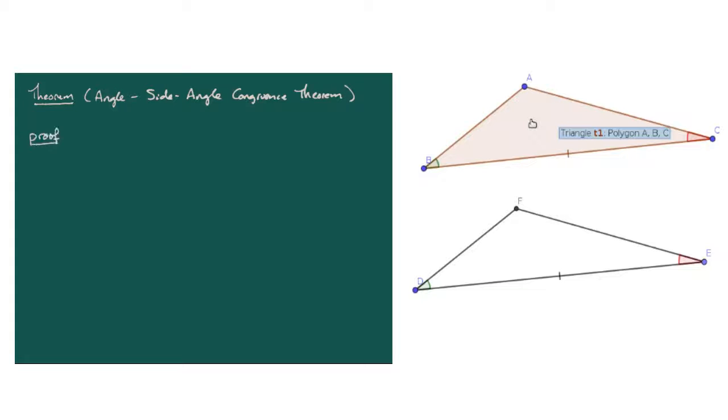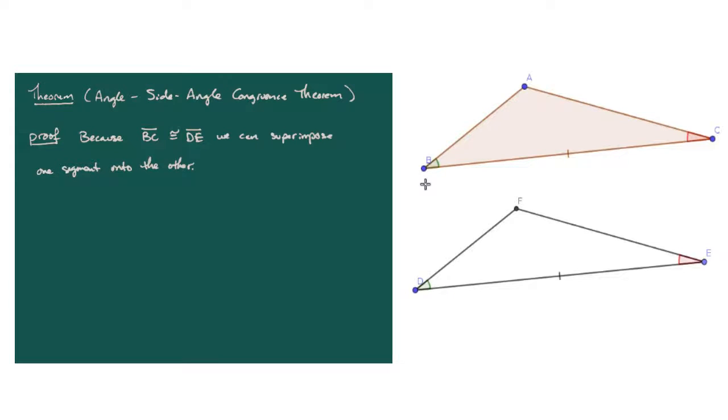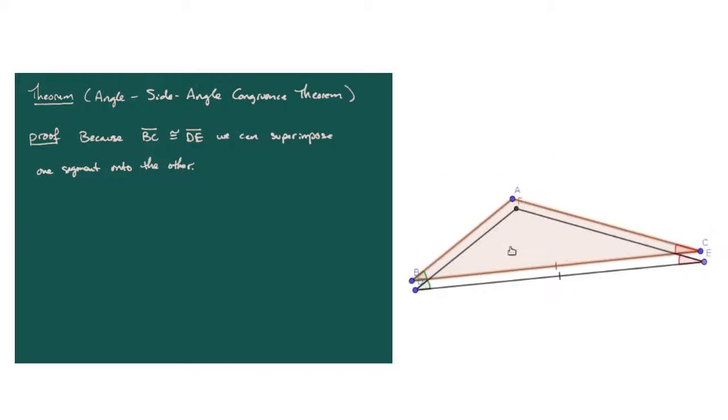So we're going to take one triangle, and the idea of superposition is that because our line segment BC is going to be congruent to our line segment DE, we can superimpose those two line segments on top of one another.